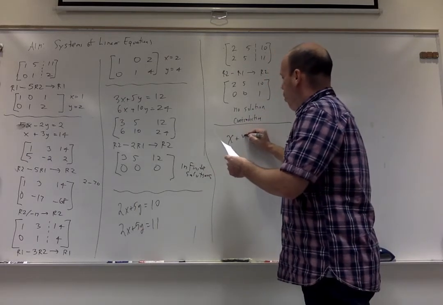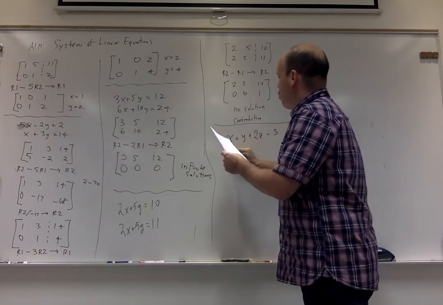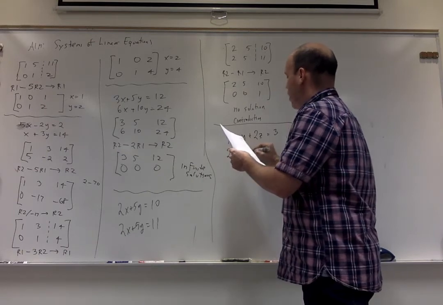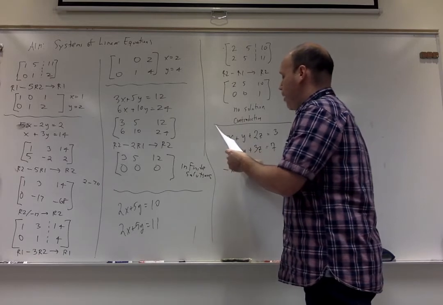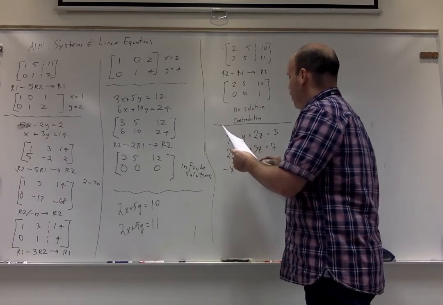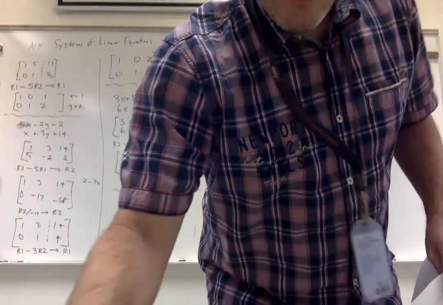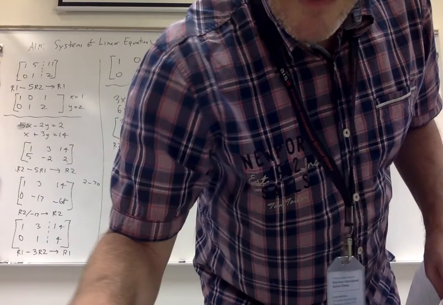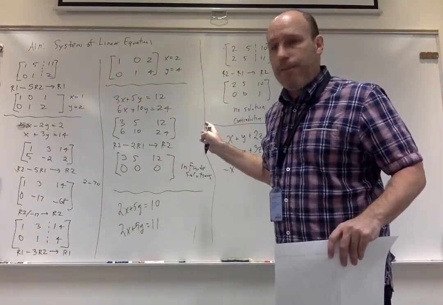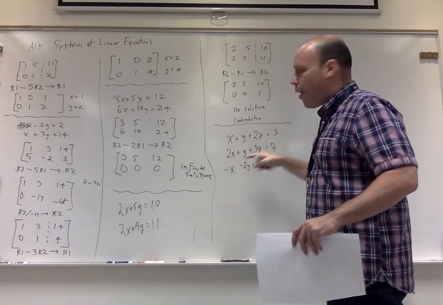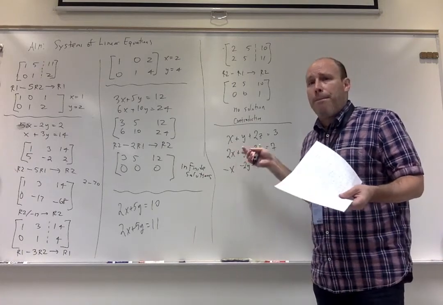X plus y plus 2z equals 3. 2x plus y plus 3z equals 7. And negative x minus 2y plus z equals 10. If you're interested, go to, I think it's GeoGebra 3D, and you can put these equations in. These are the equations of planes. And these are going to be 3 planes that meet at a point.